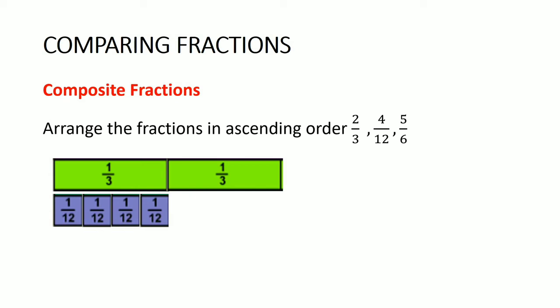This helps us to make an accurate comparison. We are also going to do the same for the 6th. We are going to select a 6th strip, and since there are 5 sixths, we need 5 of these strips alongside each other.